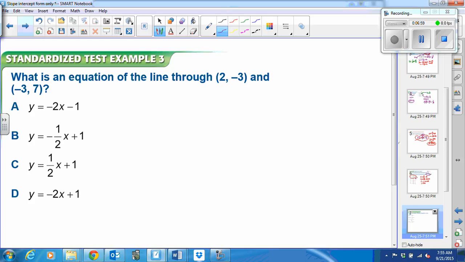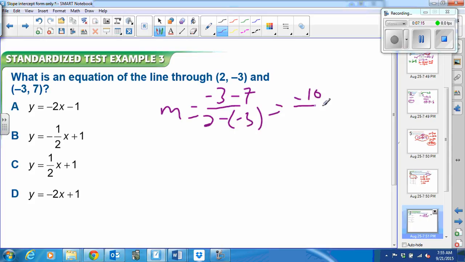What is an equation of a line that passes through (2, -3) and (-3, 7)? First thing you can do is find the slope. Negative 3 minus 7 over 2 minus negative 3. And so that's going to give us negative 10 over 5, which is negative 2. So we now know that we can eliminate b and c.